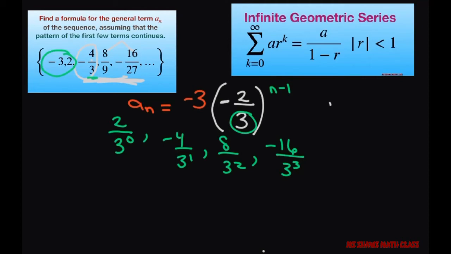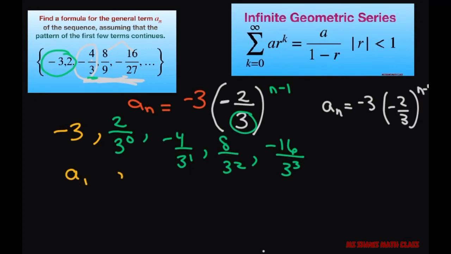And I'll write it here. And especially in a problem like this, it's probably a good idea to check it to see if it works. So writing this out, I kind of have it lopsided here. But if you take any one of these terms, look at, let's say, the third term.